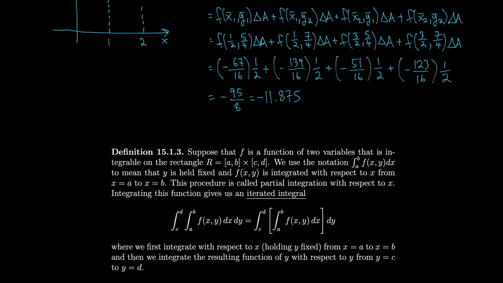Remember that once you integrate this with respect to x holding y fixed, what you end up with is just a function of y, so you can integrate that normally. So you only have to do the partial integration holding a variable fixed one time, because what you end up with afterwards will be just a single variable calculus integral.